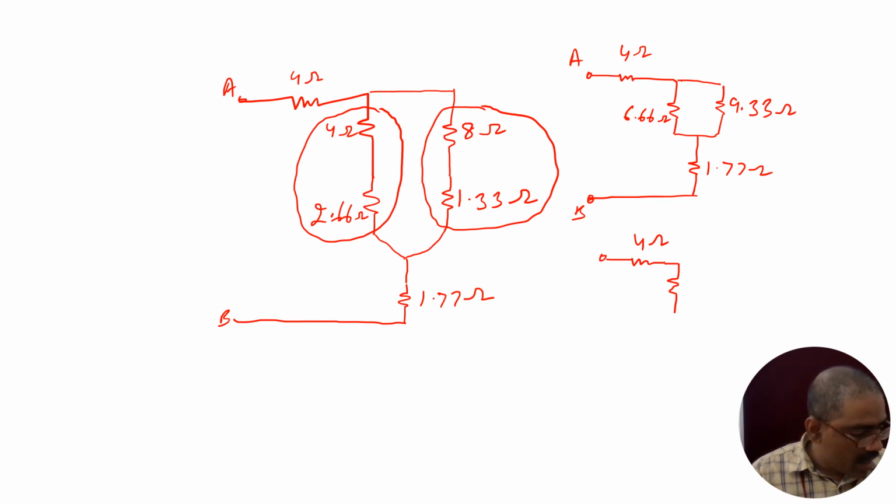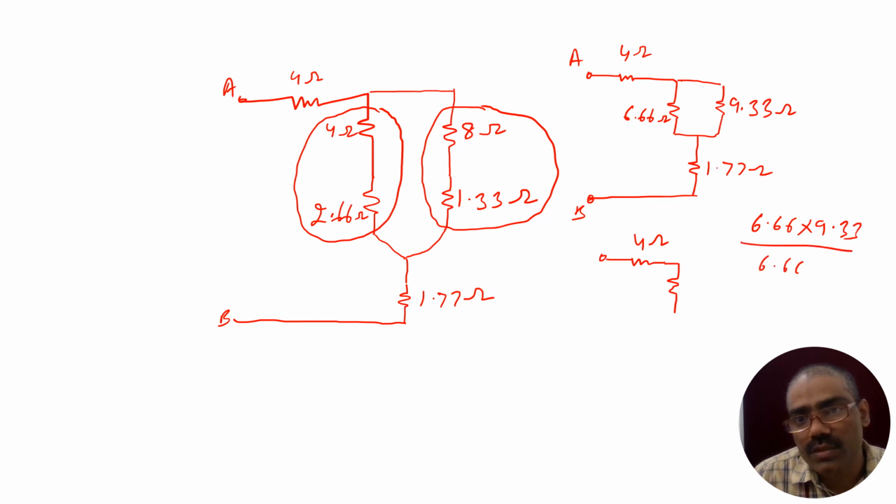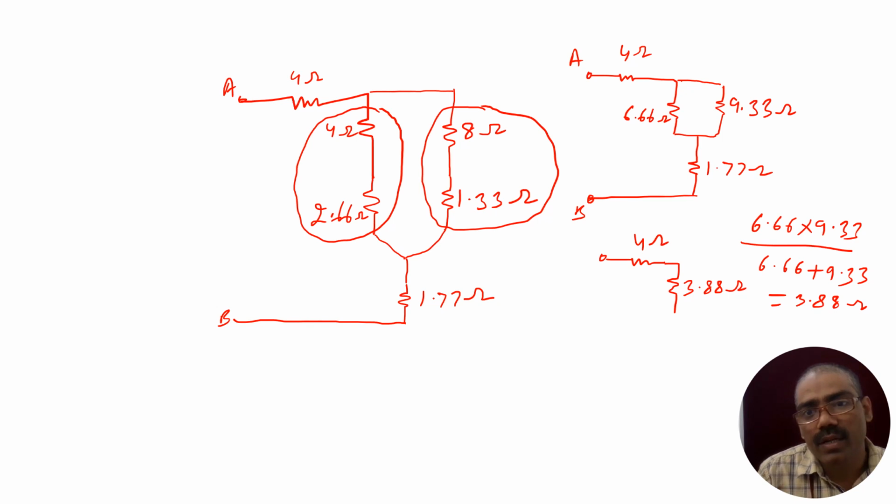So here I have calculated, as you know the property of parallel: 6.66 into 9.33 by 6.66 plus 9.33. So here we are getting 3.88 ohm resistance. So directly here we are able to write 3.88 ohm resistance, and remaining resistance is nothing but 1.77 ohm resistance.